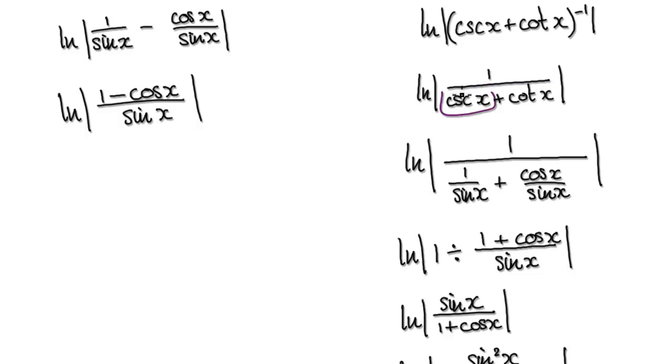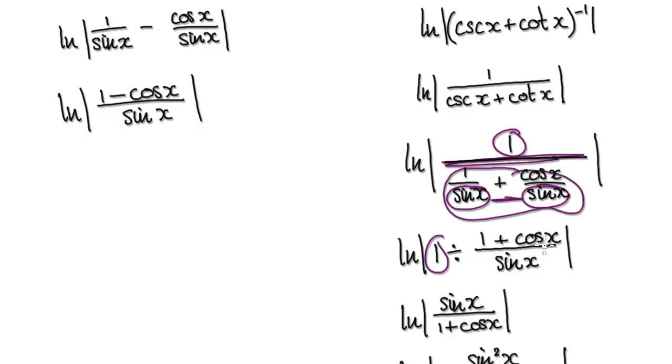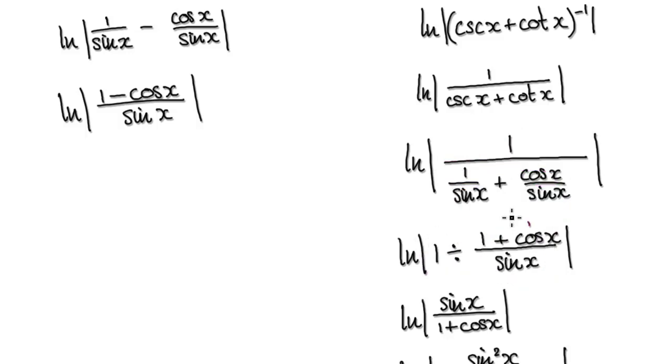So rewrite this in its simplest block, and then rewrite this into its simplest block, and then 1 divided by, well, by the way, same denominator, merge them together. So this thing here will then become this. So now you've got 1 divided by this thing here. So that will then take you to here.